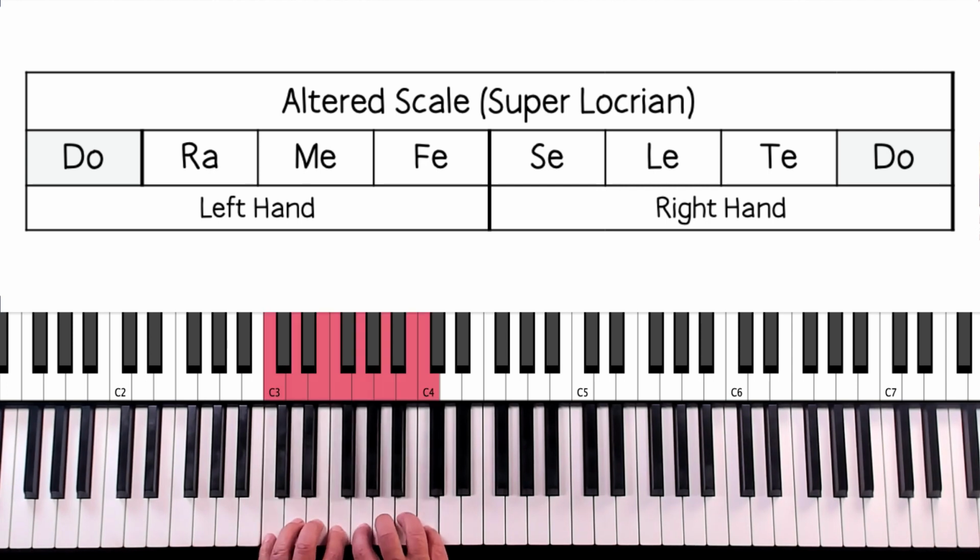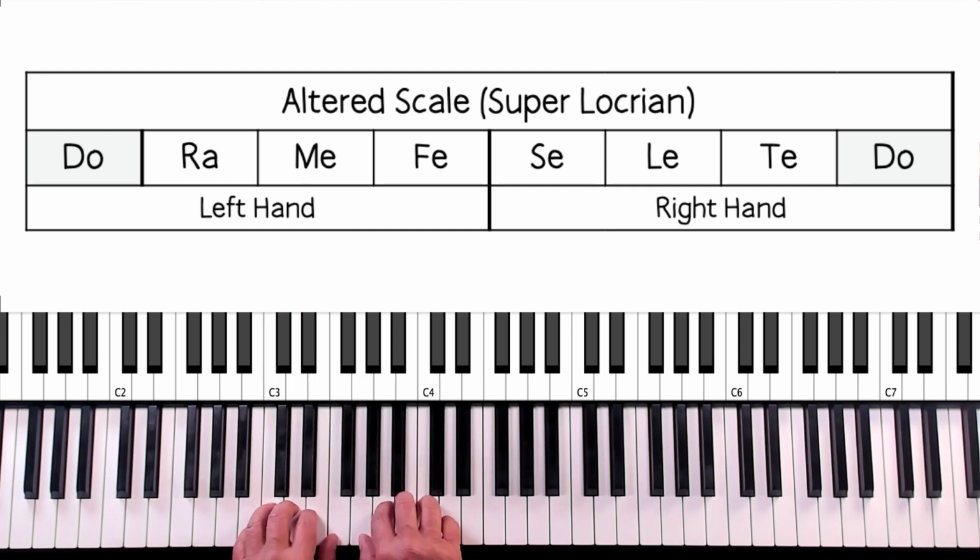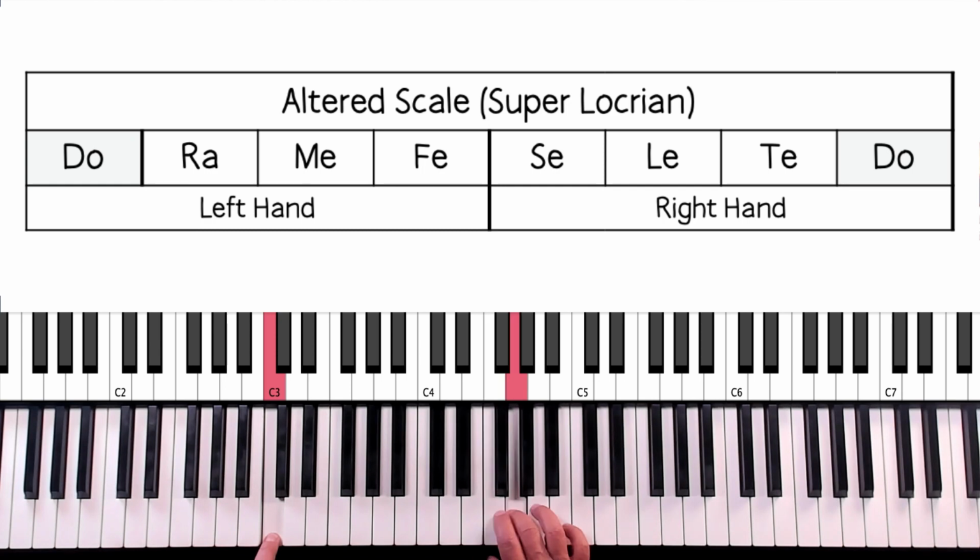So I want to discuss the name superlocrian. If we have a C major scale, do, re, mi, fa, sol, la, ti, do, the mode on the seventh, that's a mode that we call Locrian mode.